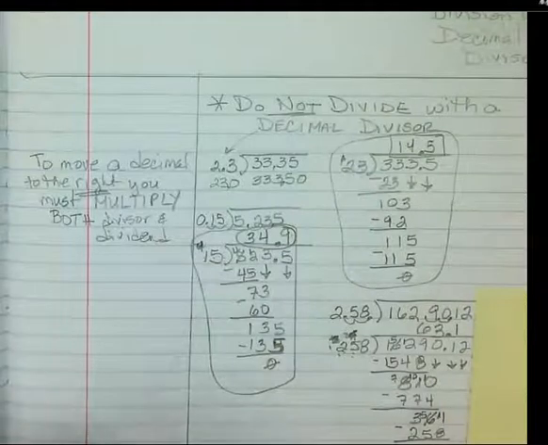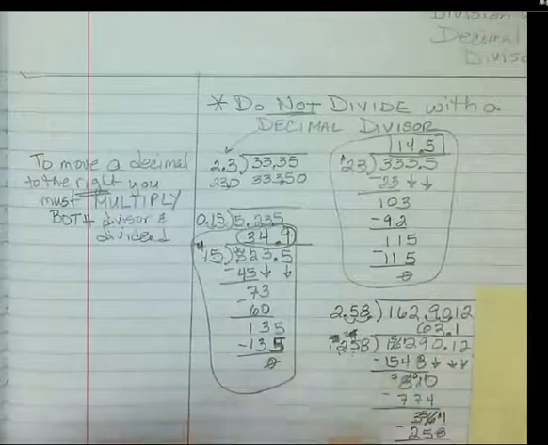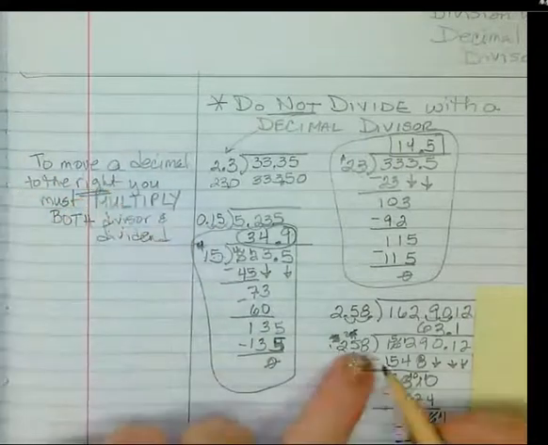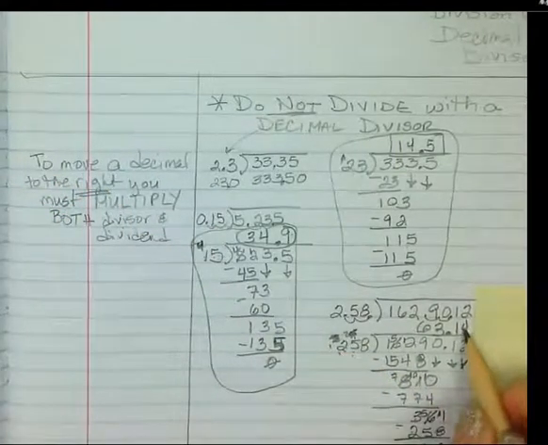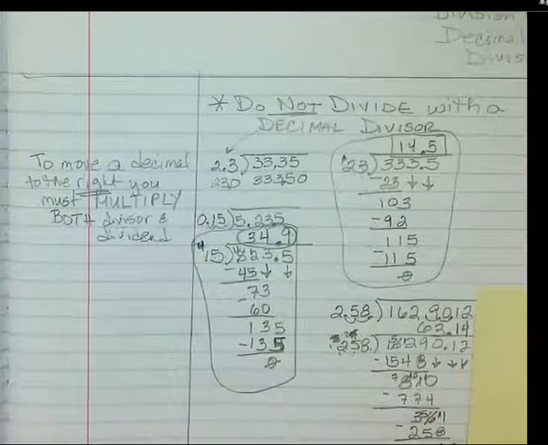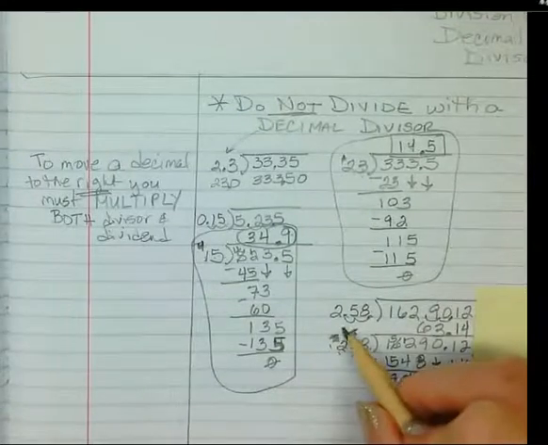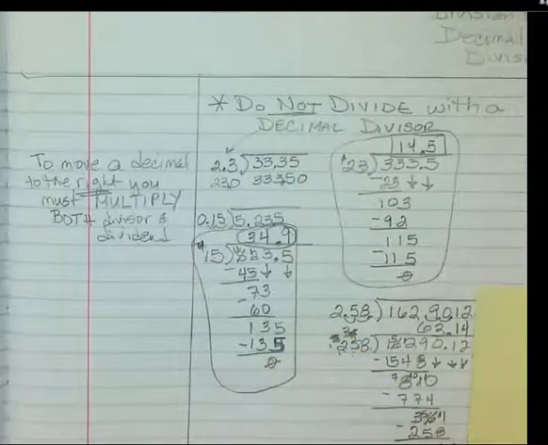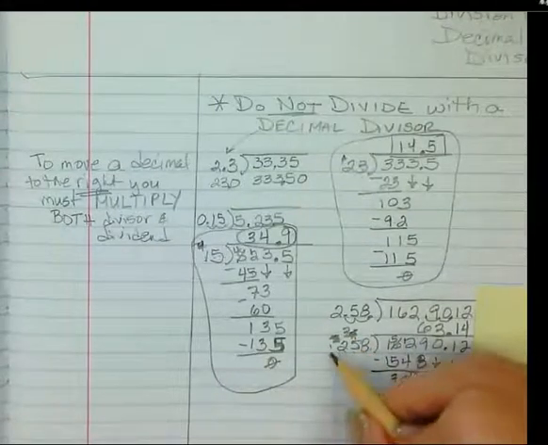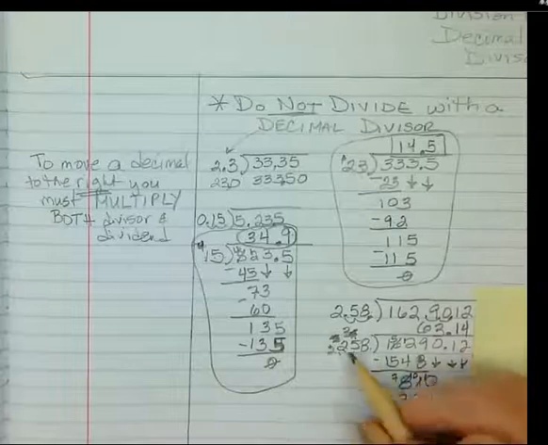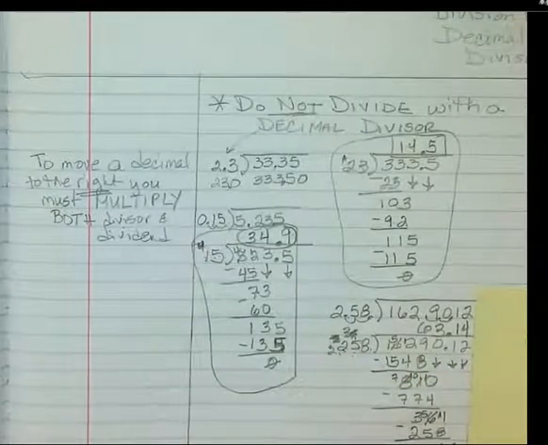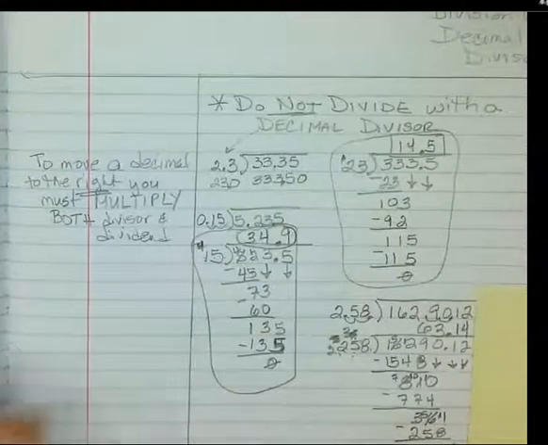I'm sorry, that was 250, so 250 times 4 would be 1,000. And we got a little bit more there, so I'll bet that works. 4 times 8 is 32. Ooh, that makes me happy when I see that. Carry the 3. 4 times 5 is 20, plus 3 is 23. Oh, I'm getting even happier. Carry the 2. 4 times 2 is 8, plus 2 is 10. Look at that. Yay. Oh, look at that.